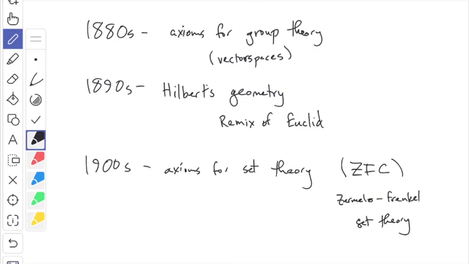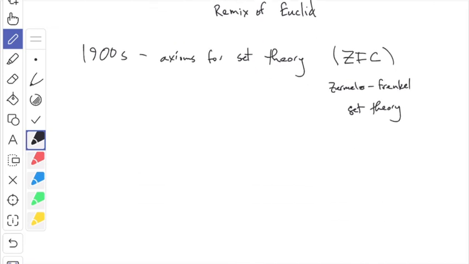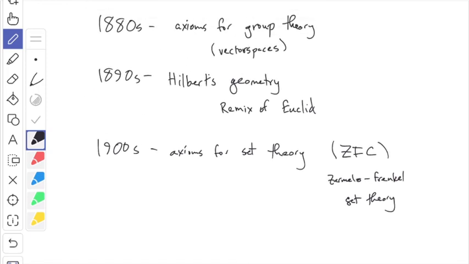But it was not always the case. This really began at the beginning of the 20th century, and there are axioms for set theory. I don't know if you've ever heard about axioms for set theory. Generally, in our discrete math class, we don't try to prove anything based on the set theory axioms because they're kind of complicated and not terribly helpful. But anyway, at this time there were axioms for set theory that were finally demonstrated.